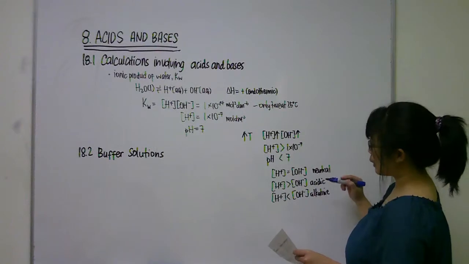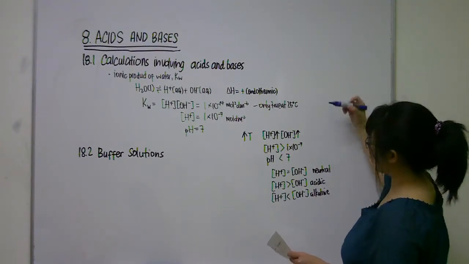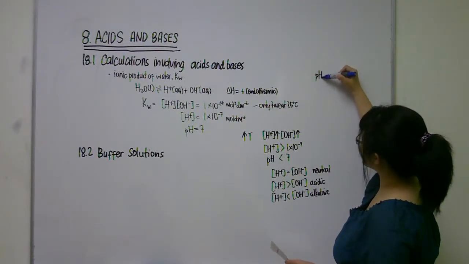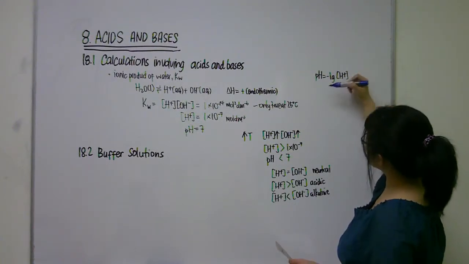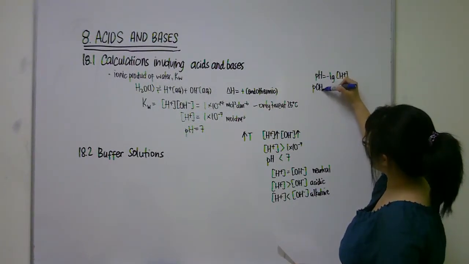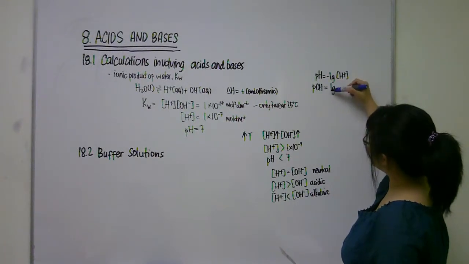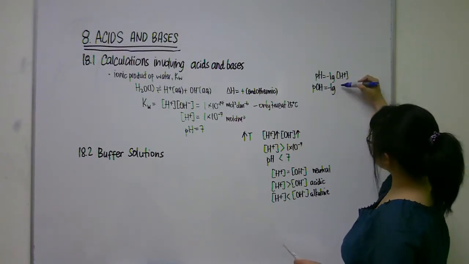We already discussed earlier that pH is equal to minus log concentration of H plus. So here we are introduced to a new key term, pOH, which is the minus log of OH concentration.